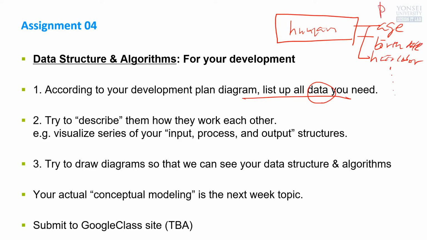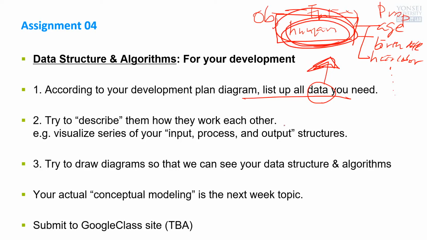These are properties, and this is an entity, or we can say this is an object. Anyway, this is data structure. So try to find out how many data sets you need. Even without experience, you can figure out what kind of data structure you need.